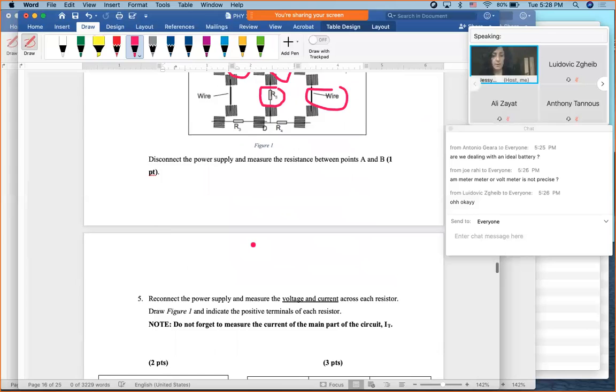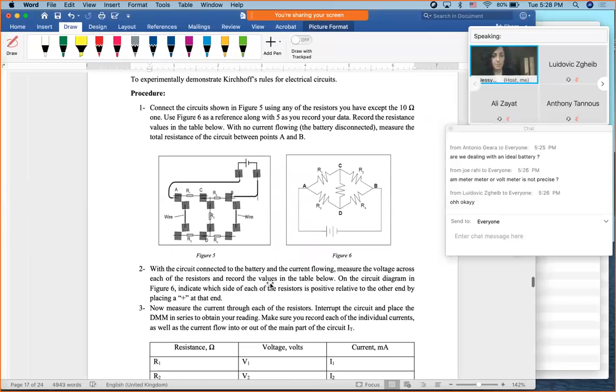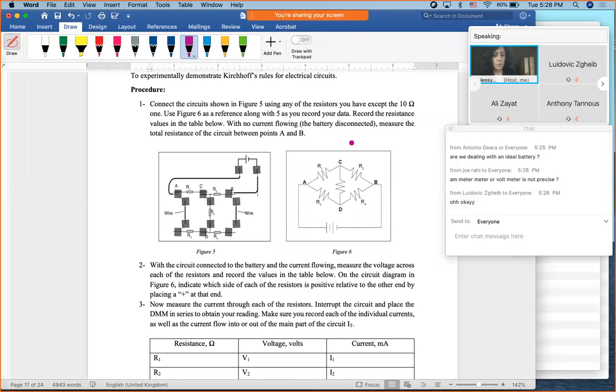All right, then you have to draw the diagram, and the diagram is in the manual. This is the diagram. Have you ever seen something like that? Can you tell me, is R1 in parallel with R2 or in series?